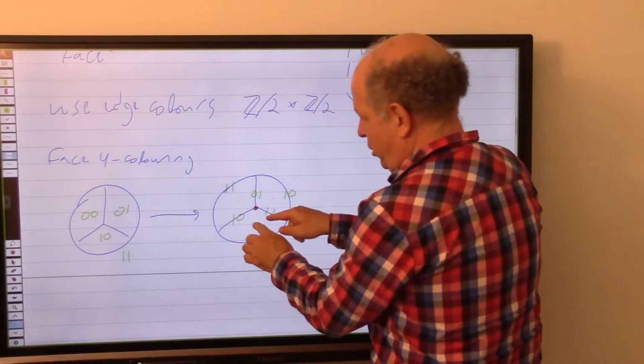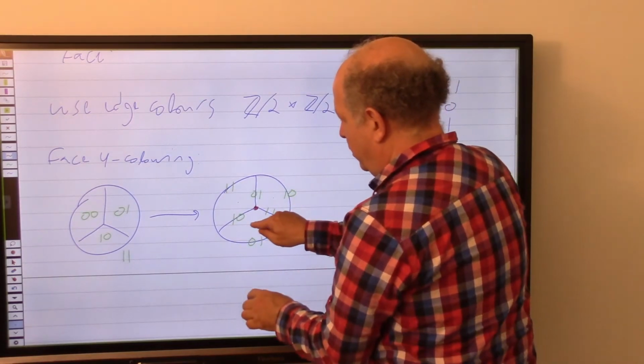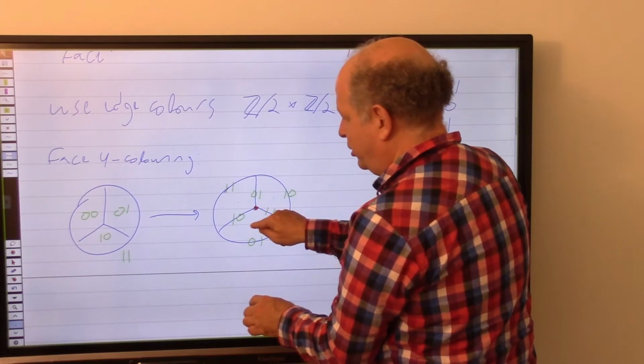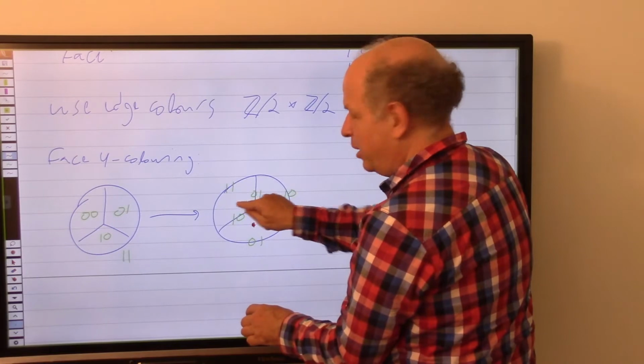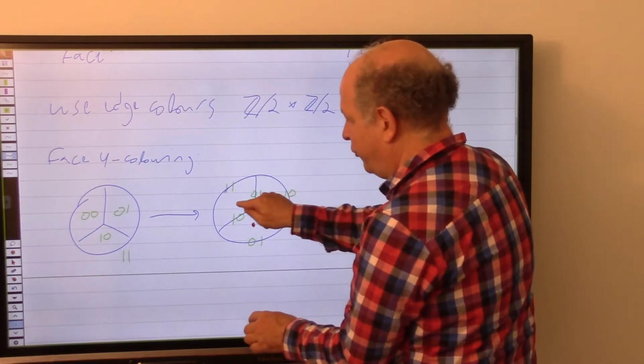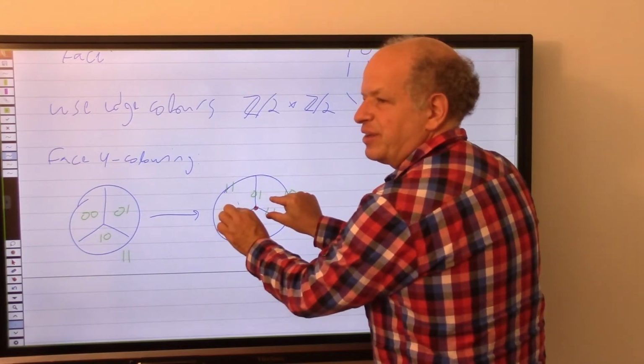So in particular, whatever color this face has, this one has a different color, and this one has a color which is different than that one. So these two differences are not the same.